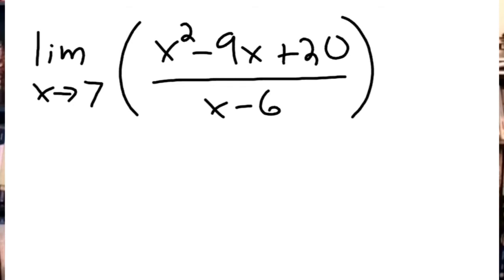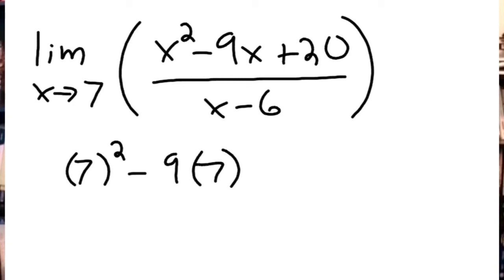So again, we're going to try to plug in 7 for x, see what happens. So we get 7 squared minus 9 times 7 plus 20.